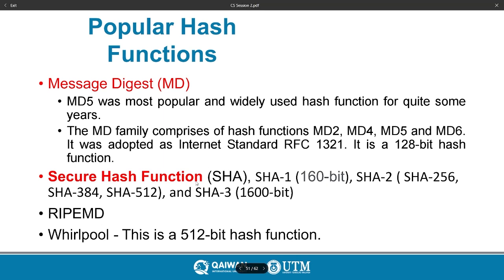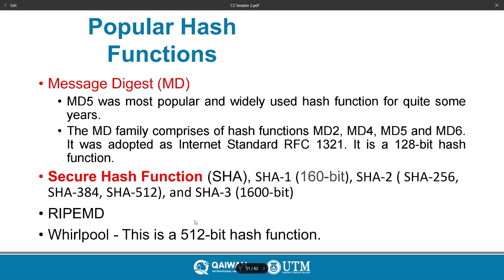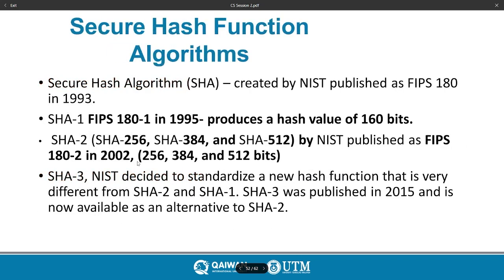The Secure Hash Algorithm, SHA-1, uses 160 bits; SHA-2 includes SHA-256, SHA-384, SHA-512, and then SHA-3. RIPEMD and Whirlpool, a 512-bit hash function, are other types. So we have MD, the secure hash functions, RIPEMD and Whirlpool.